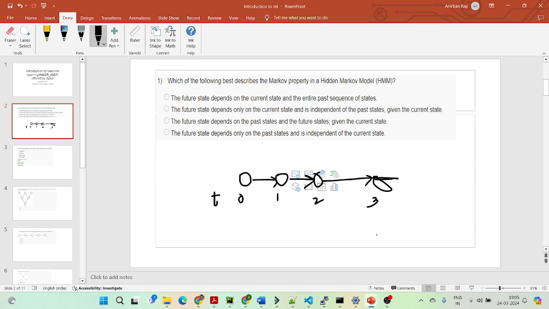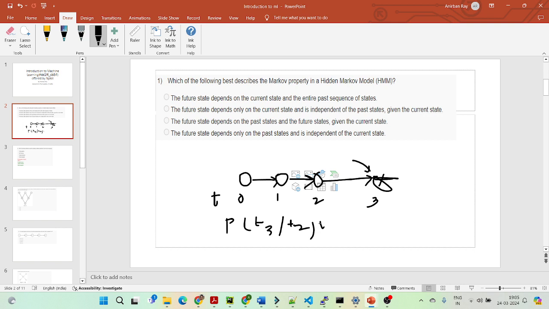Now the Markov property states that you want to calculate the probability of this event given whatever has happened. So suppose P of t3 given t2, t1, t0 is equal to P of t3 given t2.